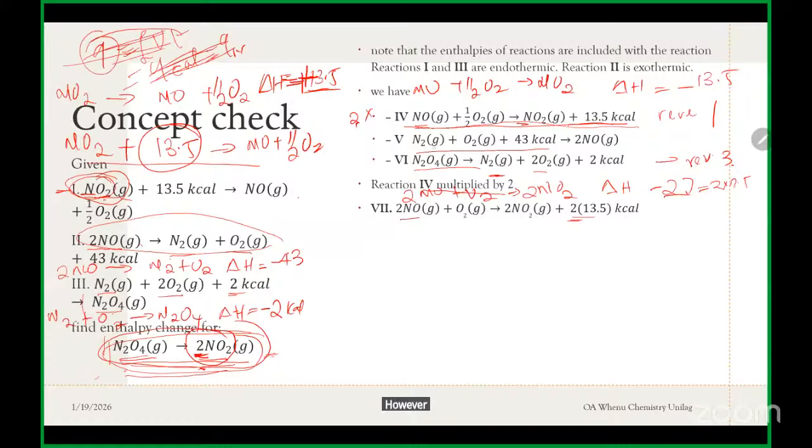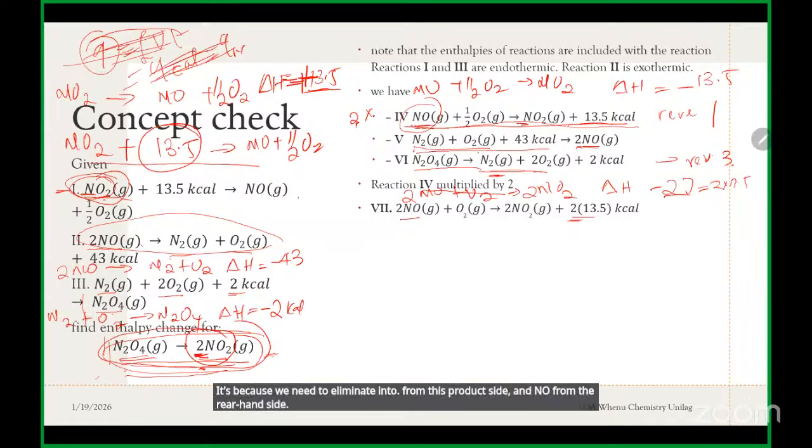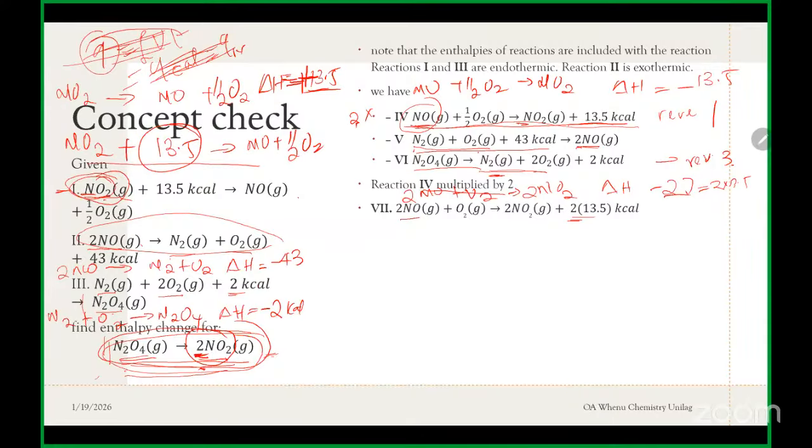However, equation 2 has both N2 and O2, and it also has NO. So it can help us to eliminate these ones that we do not need. The reason why it was reversed is because we need to eliminate N2 from this product side and NO from the reactant side. So our equations are set.